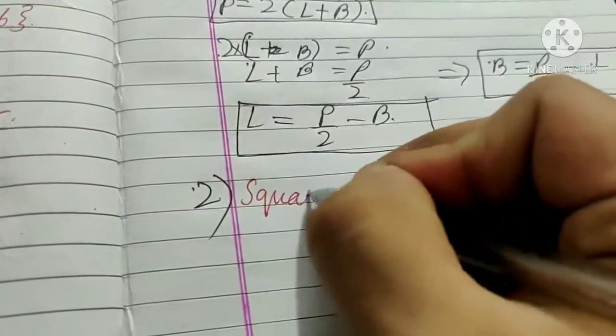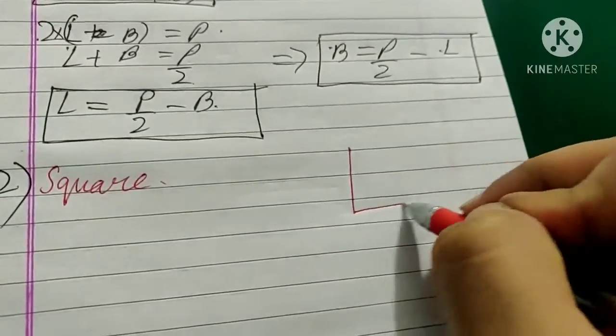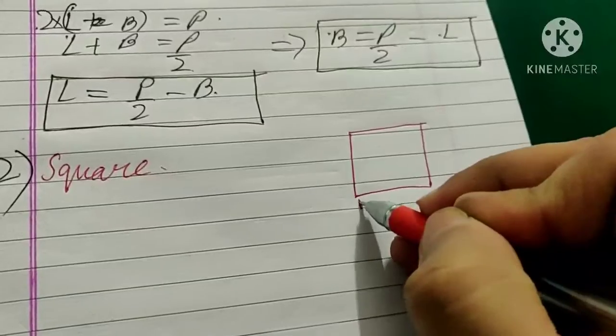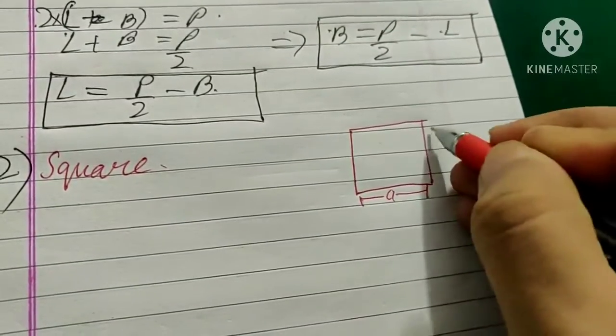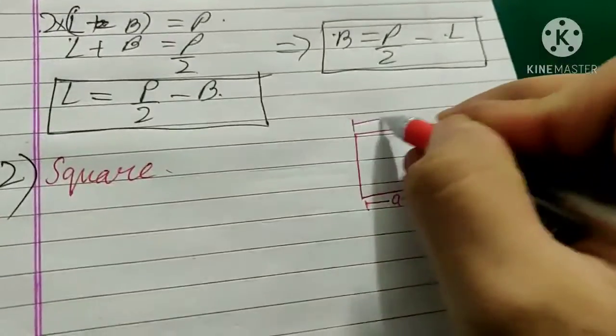Okay, the second figure is the square. A square has this sort of figure where this is A, this is also A; all sides are equal.